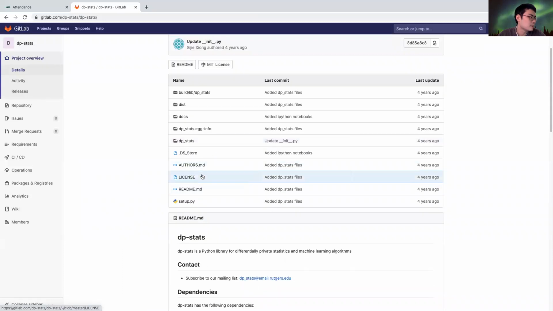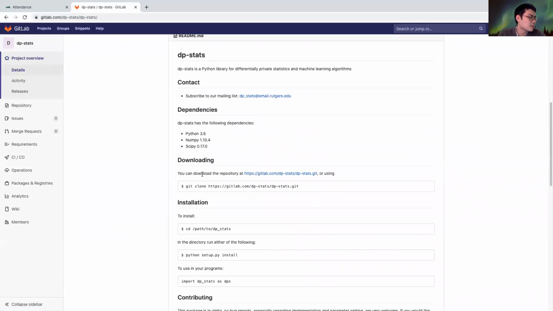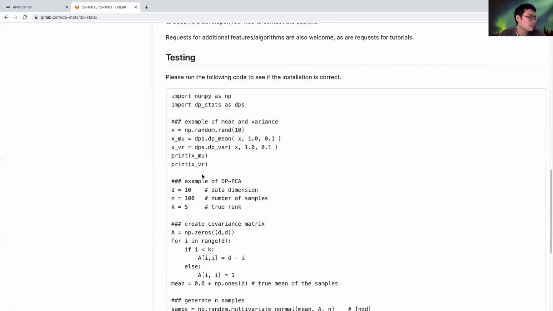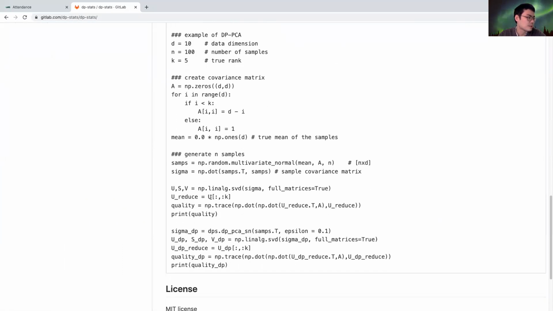Previously, I don't know whether it was in GitLab or GitHub. So you can do some differentially private operations for data mining.